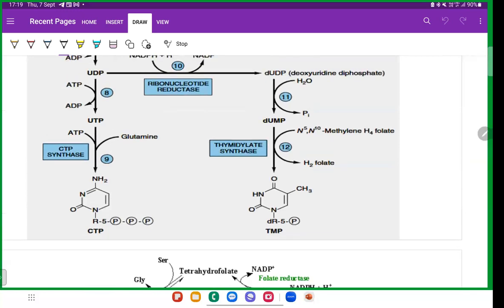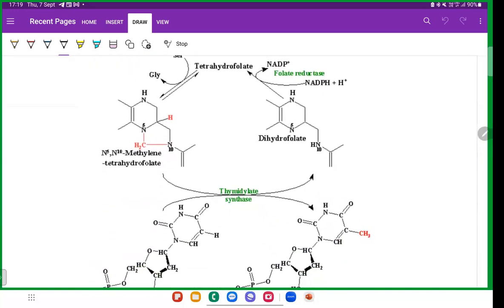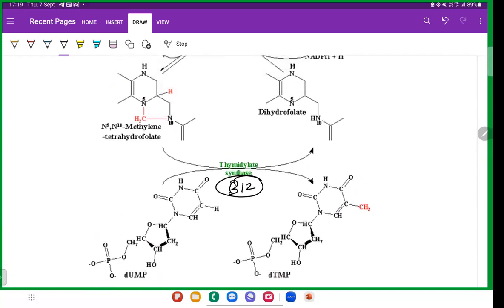But thymidylate synthetase alone is not enough; you need something else. That is your vitamin B12. Why this vitamin B12? Only if there is this vitamin B12, that is going to be your folic acid, vitamin B12. So if vitamin B12 is there, it is going to give a methyl group to it. So you want to add a methyl group. So what is the difference?